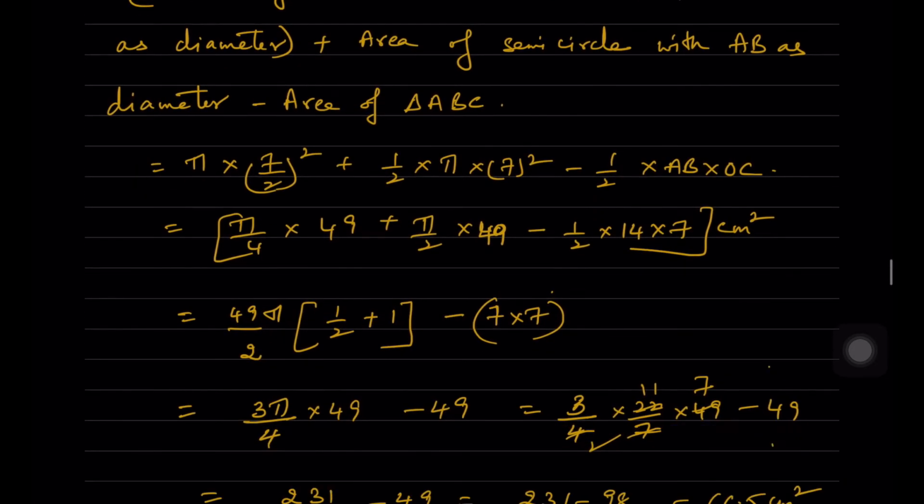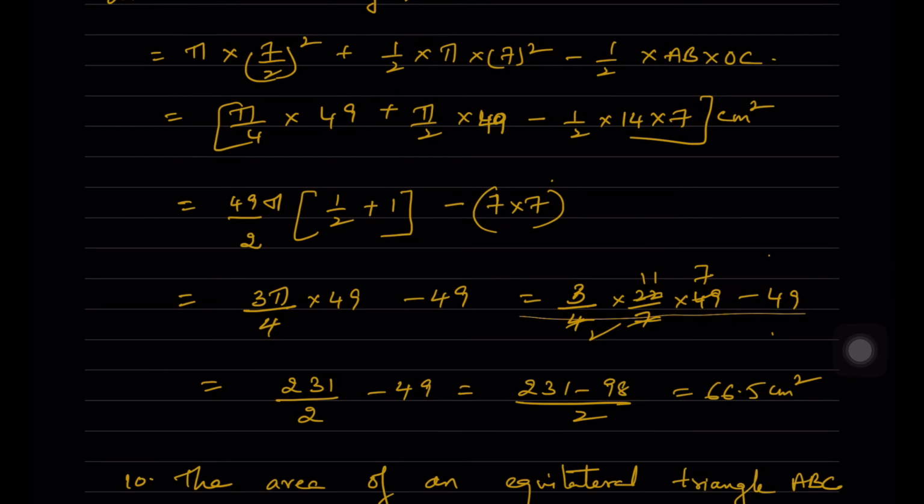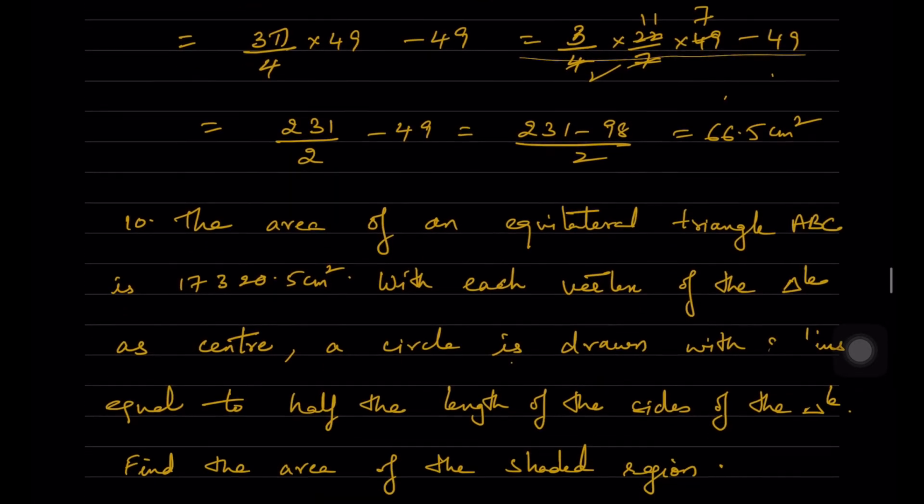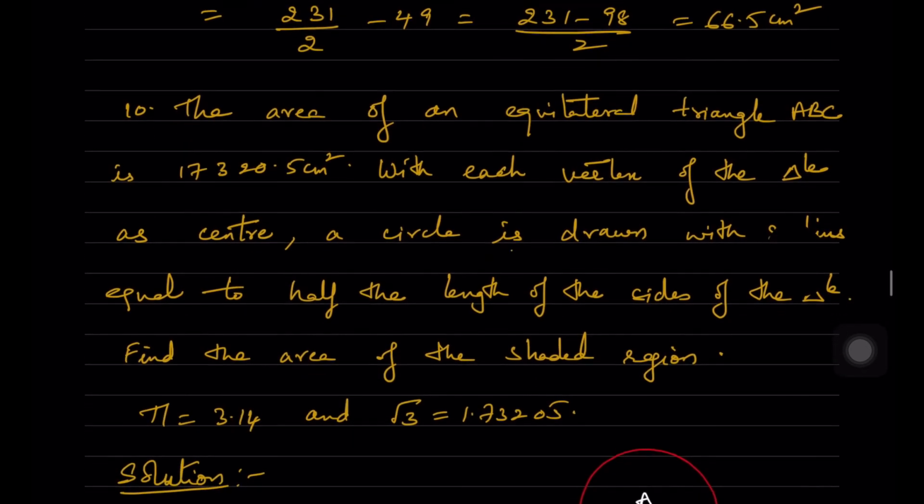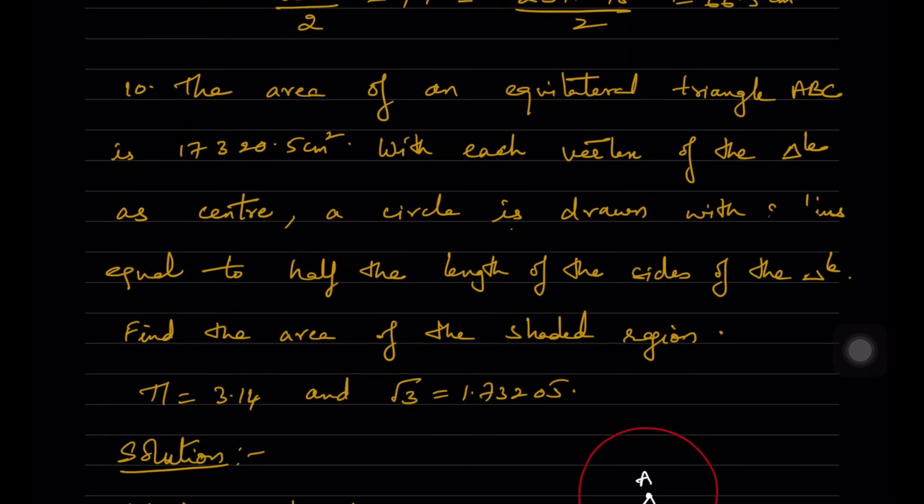So you get 49 pi by 2 into half plus 1, minus 7 into 7. That is 3 pi by 4 into 49 minus 49, which finally gives 231 by 2 minus 49, which is equal to 66.5 centimeters square.